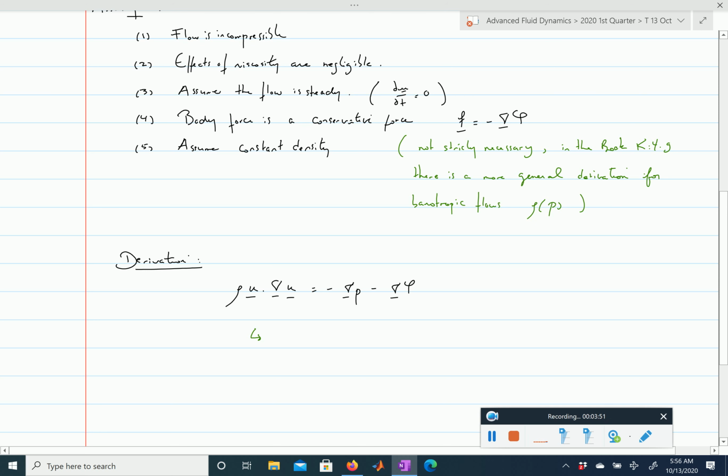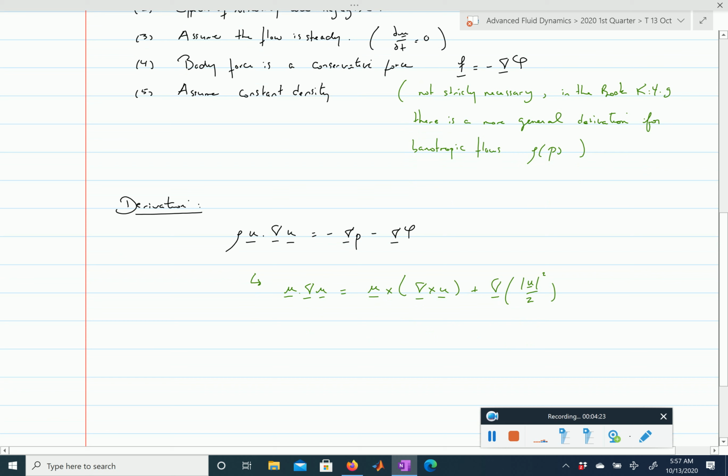So this formula you don't have to know, but it turns out that U grad U is equal to the cross product between the velocity field and the curl of the velocity field plus the gradient of the norm of the velocity squared divided by 2. Right, this is just one of these mathematical formulas from differential geometry.